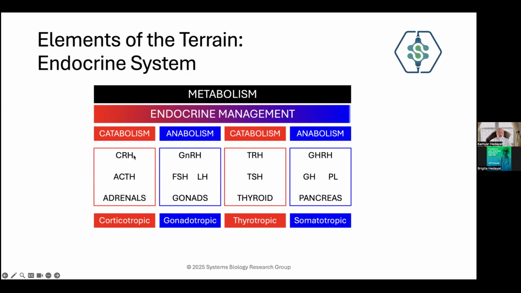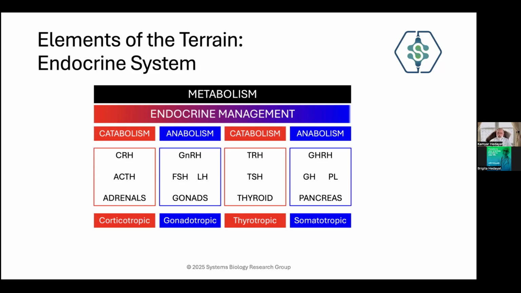Here we have hypothalamic hormones. In the middle, we have the pituitary hormones. And in the lower row within each box, we have the peripheral organs. And each of these families will have a name: corticotropic for those relating to the adrenal cortex and cortisol, gonadotropic, which will refer to the hormones produced in the gonads, what is commonly called the sex hormones, such as estrogen, testosterone, progesterone.